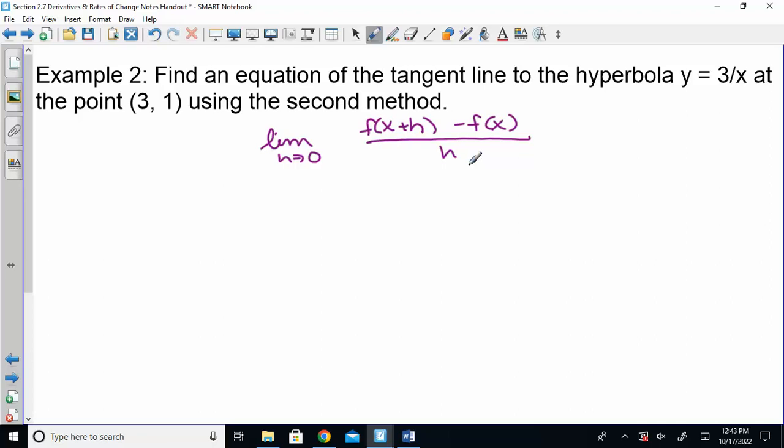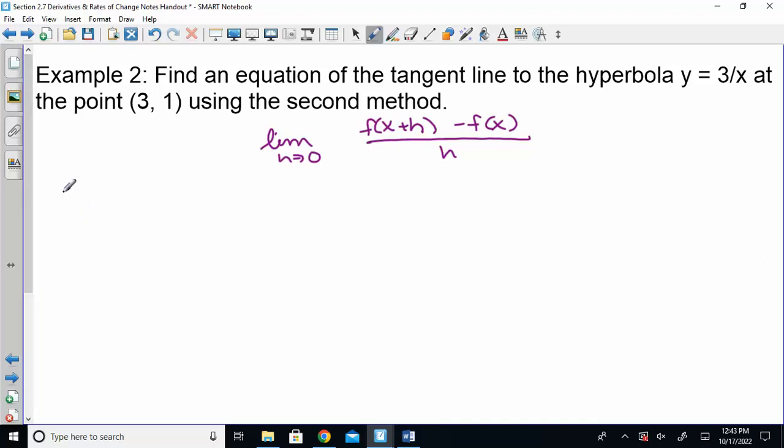The benefit of this, sometimes it's a little bit easier to calculate because your denominator is just an h. So all I'm trying to do is get an h to cancel out versus like 2 terms, x minus 3 or something like that. So it can be a little bit nicer to work with.